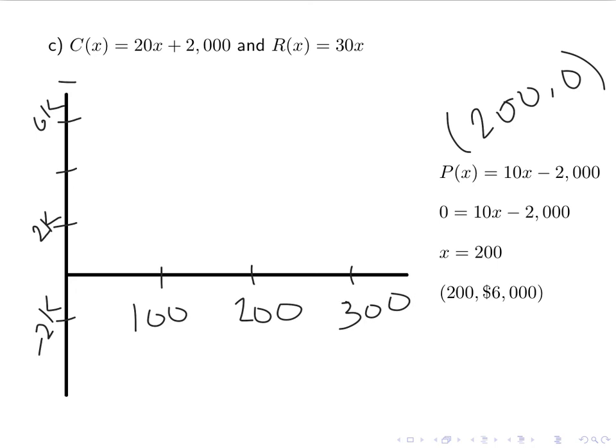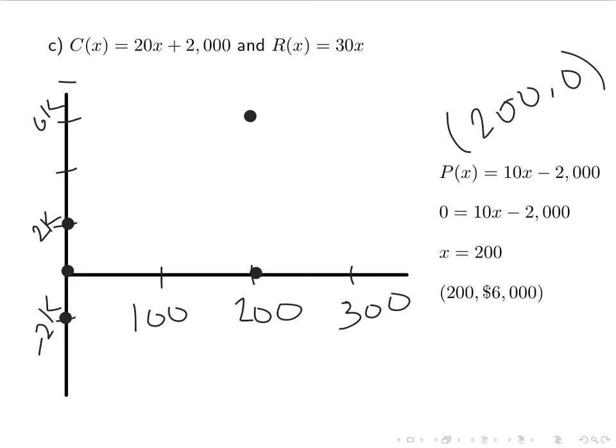And then to plot the points, again, the y-intercepts, we have negative 2,000, 0, and 2,000. The x-intercept for the profit is 200 comma 0. And then we have the break-even point, 200 comma 6,000. That's right around there.